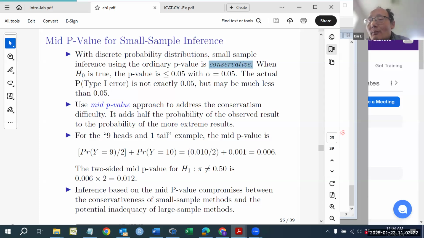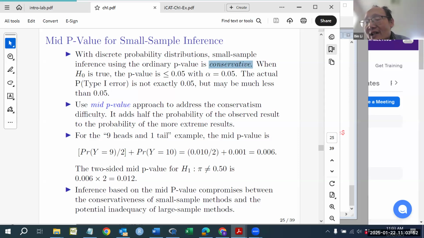Like the Bonferroni test, if we set the family-wise error rate to be 0.05, and we know this Bonferroni is conservative, that means the actual family-wise error rate based on this Bonferroni test is actually less than 0.05.